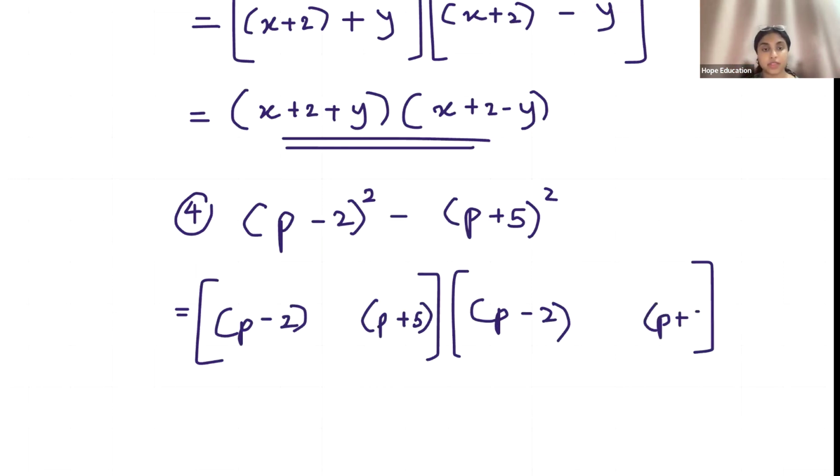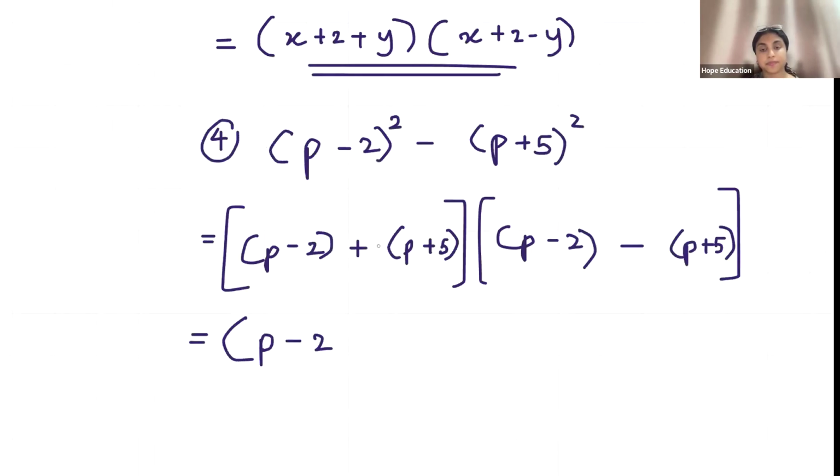Then let's simplify this further. Here we have P minus 2. Plus times plus is plus P, plus times plus is plus 5. This P minus 2 stays as it is. Here, minus times plus is minus P, minus times plus is minus 5. So, here plus P and plus P. Plus P means plus 2P.